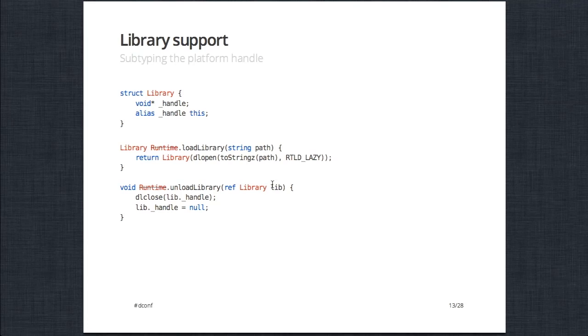So in order to improve here, we'll first think about wrapping the library handle so that we can add some methods and abstract away the platform dependent stuff. This is just basic subtyping of the library handle, the actual handle, so you can still use it with the operating system functions that you usually have.